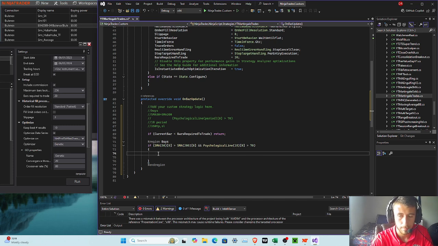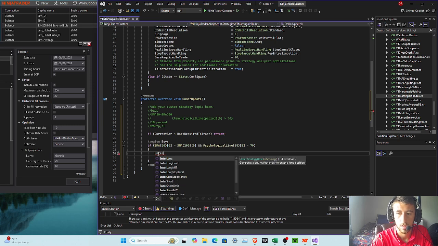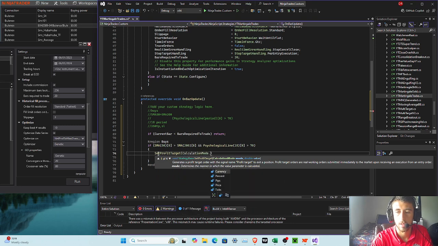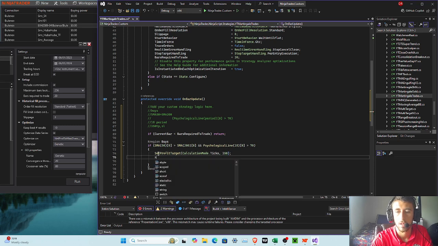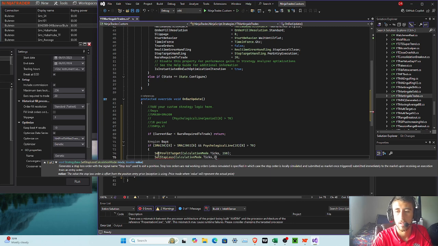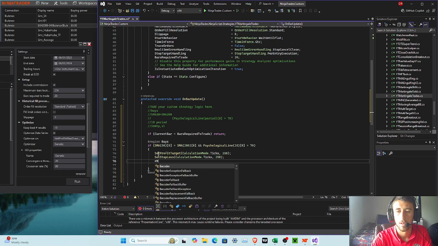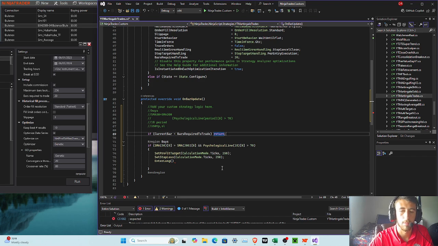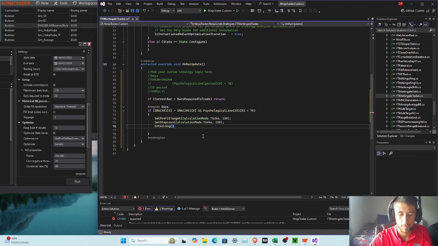So we'll do enter, set profit target calculation mode dot ticks 250, set stop loss calculation mode dot ticks 250. Enter long. And okay, well for now that's all we need.